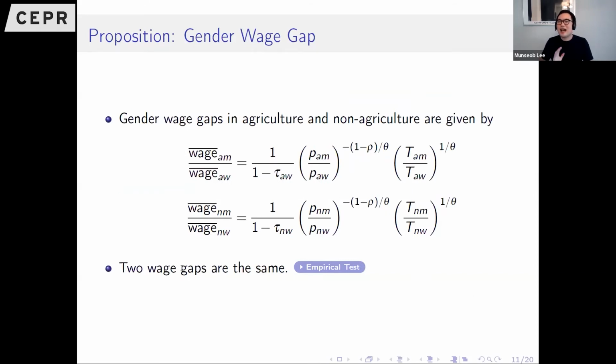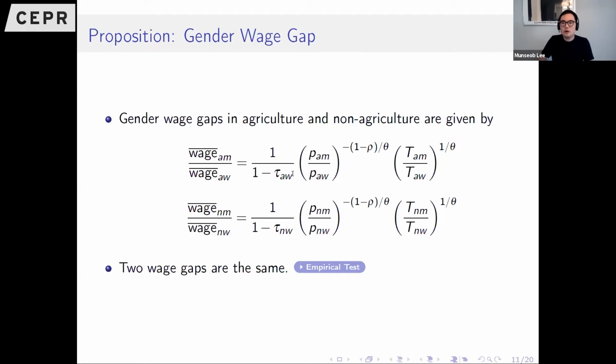So then the question is, how do we measure the friction? That is coming from the Fréchet distribution magic. This is only true under the assumption of the Fréchet distribution. The gender wage gaps in agriculture and non-agricultural sectors are given by these two equations. The gender wage gaps are a function of the friction, the gap in the propensity, and the gap in the productivity.